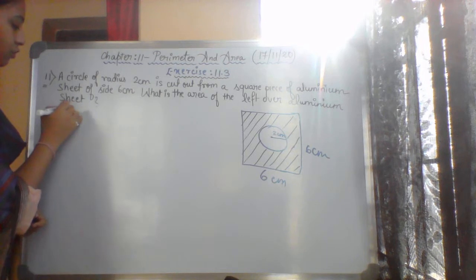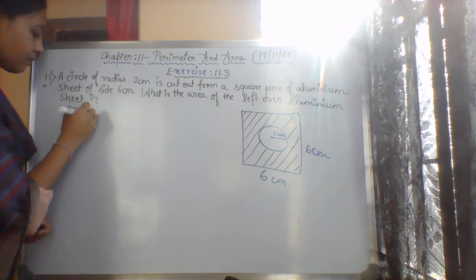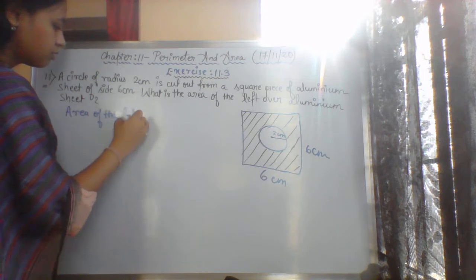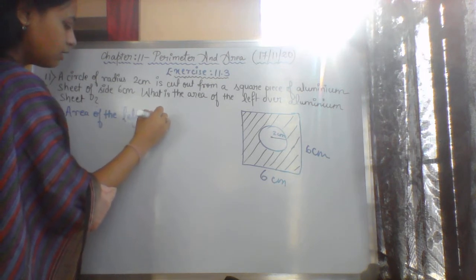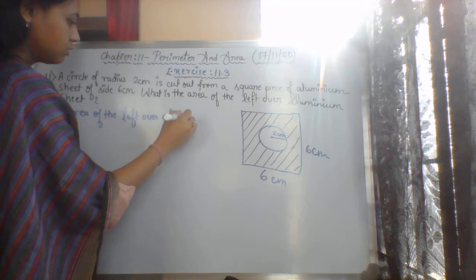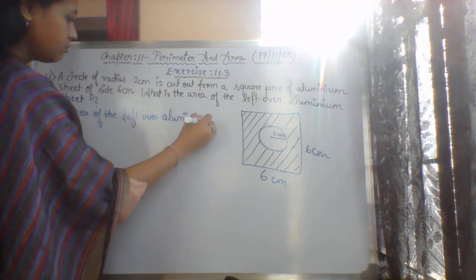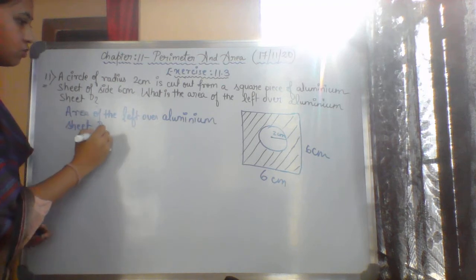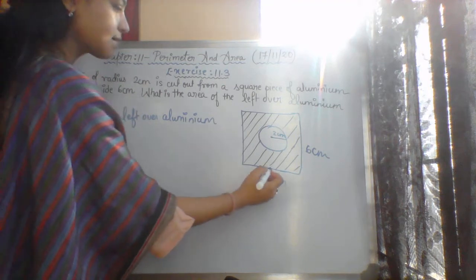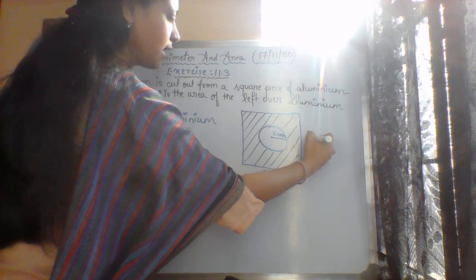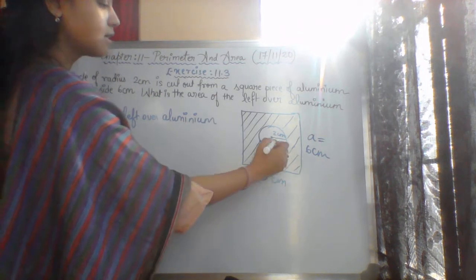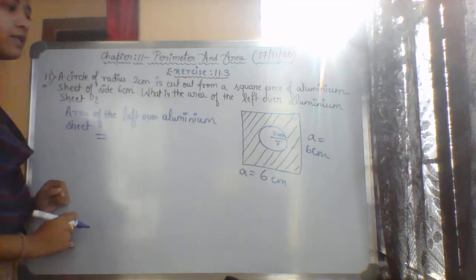So area of the leftover aluminium sheet equals, let me consider this side A equals 6 centimeter, and the circle's radius R equals 2 centimeter.